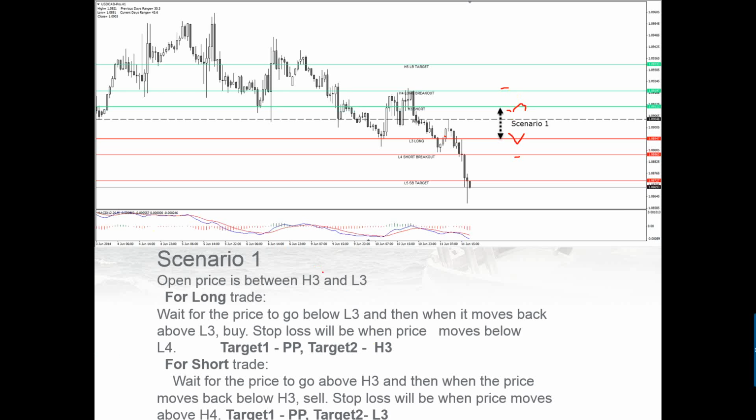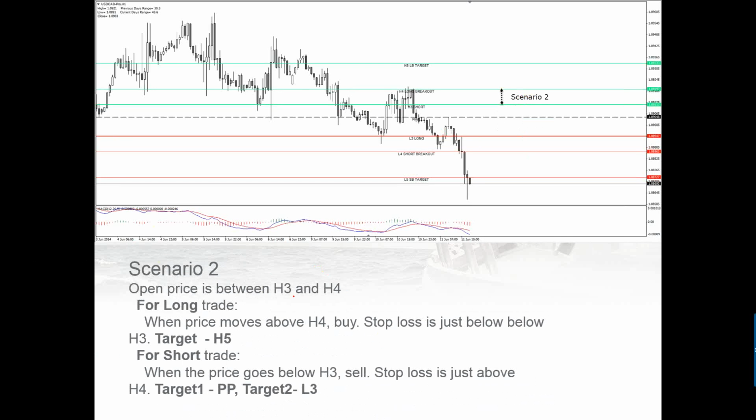Then we go to second scenario, which is basically open price, and in this case open price is midnight open. Open price is midnight and couple of seconds. That is the open price here. So if the price opens after the midnight, in between H3 and H4 for long trade, so price has opened here after the midnight and it goes here.